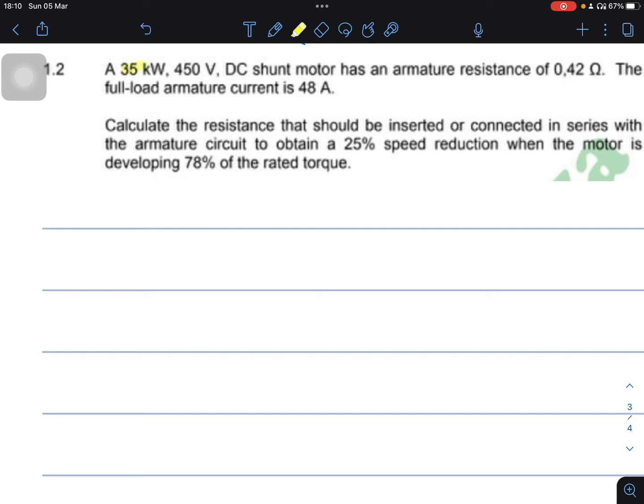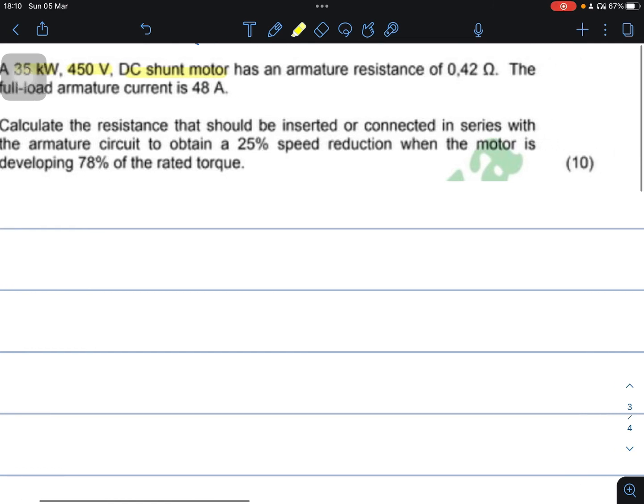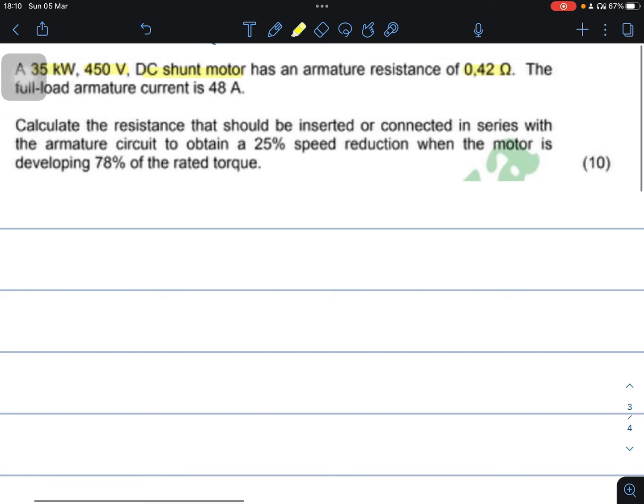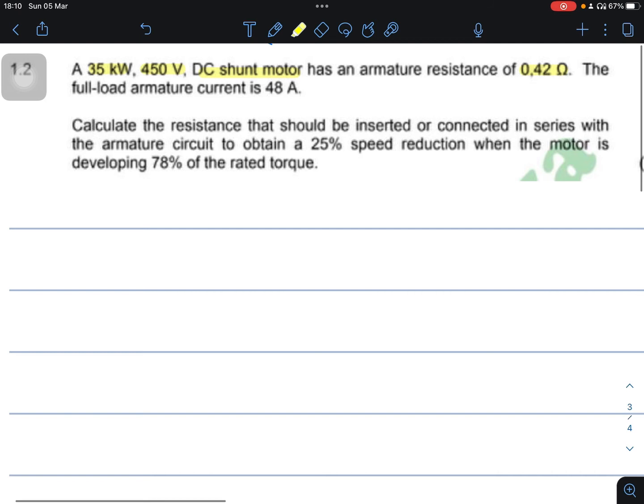A 35 kilowatt, 450 volts DC shunt motor has an armature resistance of 0.42 ohms. The full load armature current, specified at full load, is 48 amps.